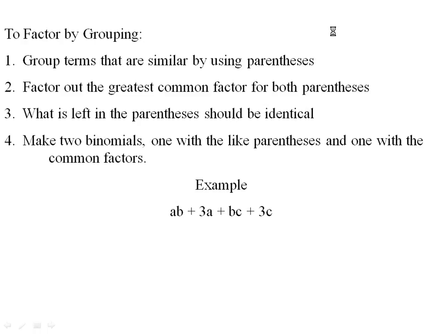No. 2 of them have an A in common, but not all 4 of them. 2 of them have a 3 in common, but not all 4 of them. 2 of them have a C in common, but not all 4 of them. And 2 of them have a B in common, but not all 4 of them. So all 4 terms do not have anything in common. Okay? So, nothing's in common, so we'll start factor by grouping.